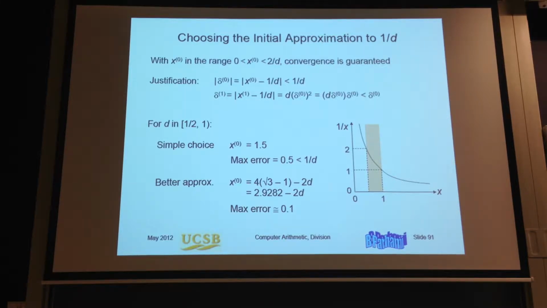Now the question is how to do the approximation for the initial point. Approximation can only be done when I know the dynamic range. And for this dynamic range, which will bring me between 1 and 2 the result, I can say my best guess is 1.5.